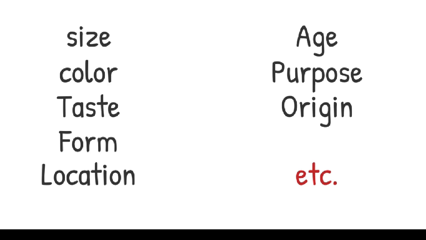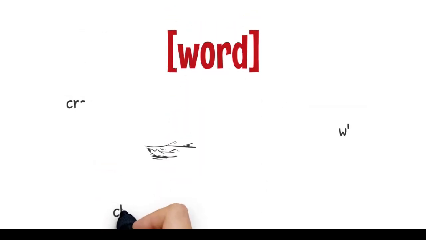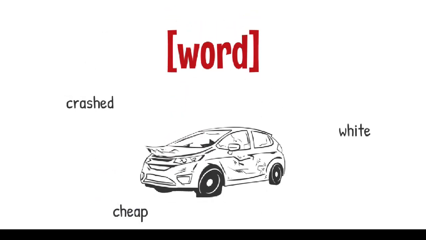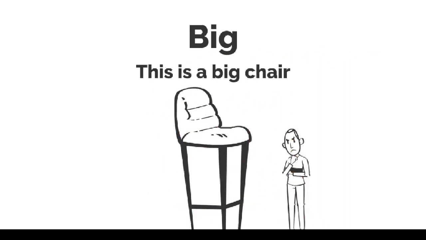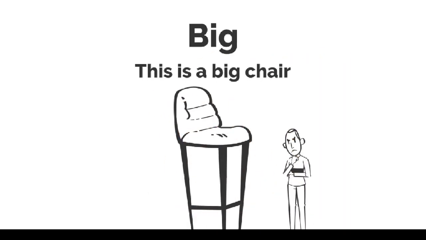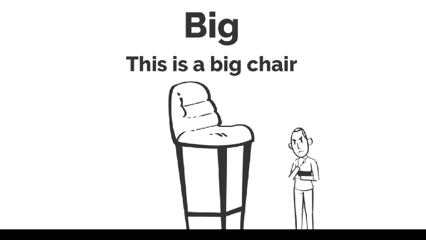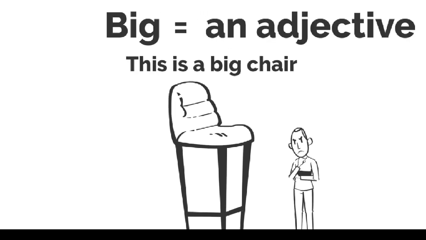In other words, it's any word which describes a noun. For example, big. This is a big chair. The word big is an adjective. It describes the size of the noun chair.